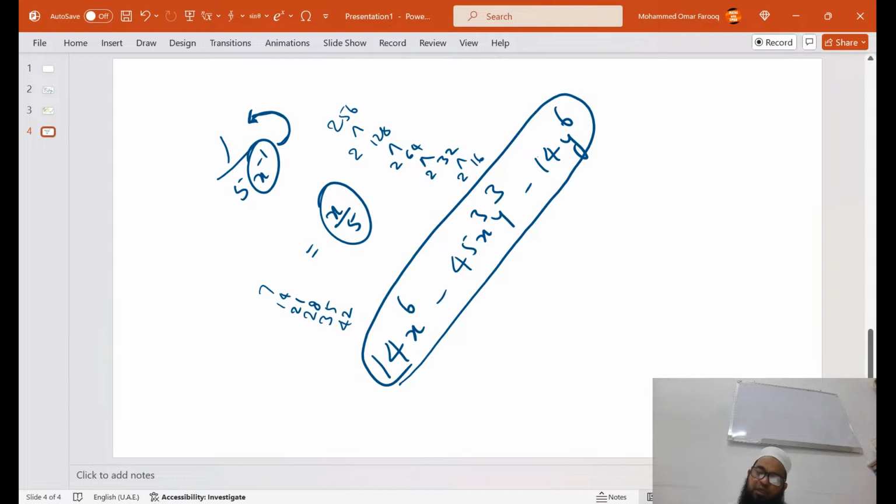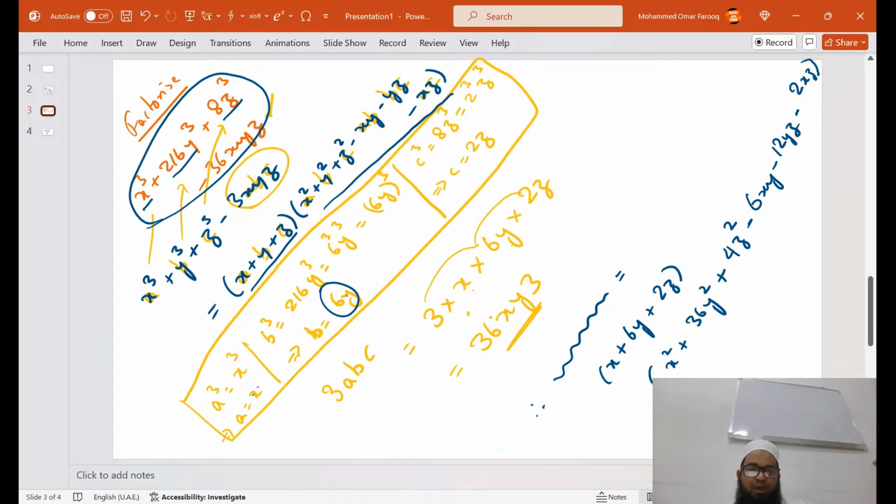See, maybe there may be a little bit of mistake in the question because 14 will not work out. I think so, as I remember. Yeah, 14 will not work out. Just check the number and send me the message. I'll let you know. Anyways, I wanted to explain these two doubts mainly.